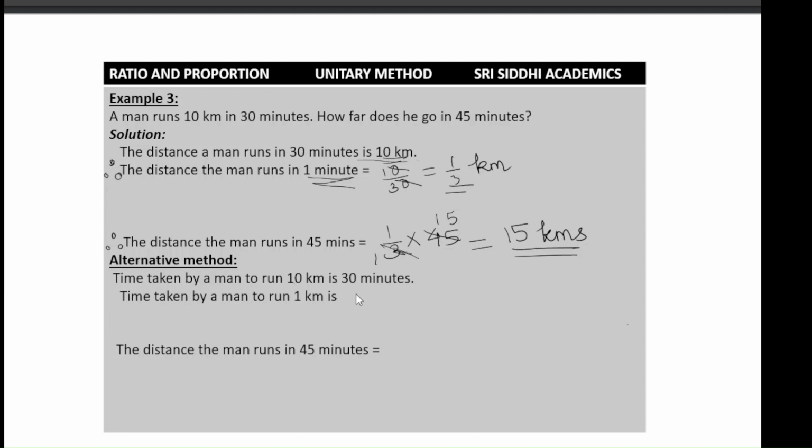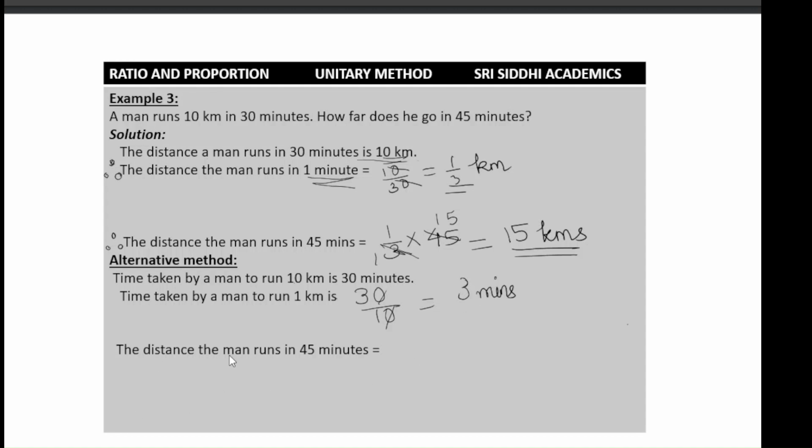So how will I find that out? 30 minutes by 10 will give me the time that he takes to run 1 kilometer. 30 minutes he is taking to run 10 kilometers, so it will be 3 minutes, right? 3 minutes he takes to run 1 kilometer.